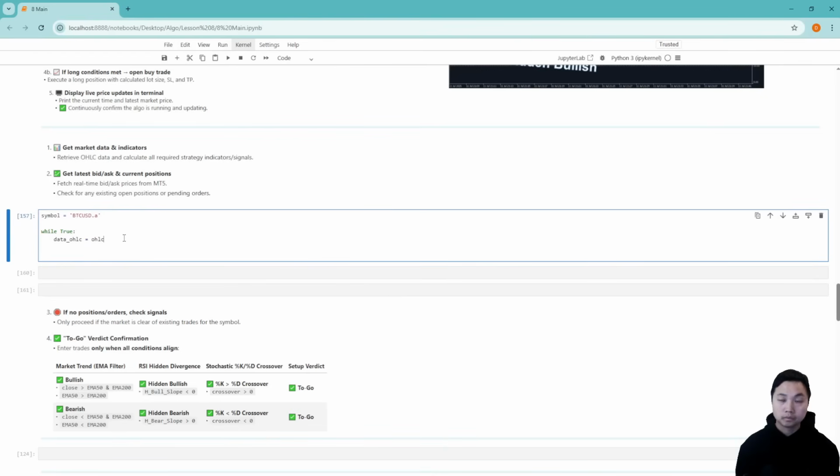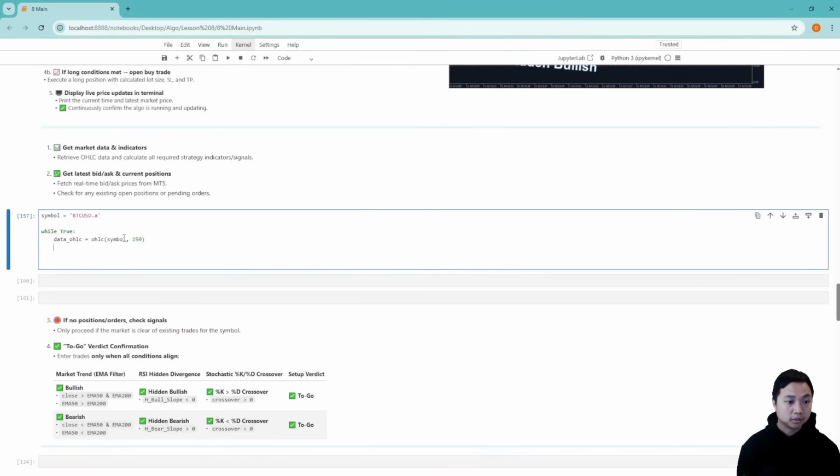That is the function that we developed in previous lessons. We're going to pull out the 250 bars, enough recent data for us to calculate all the price indicators accurately.